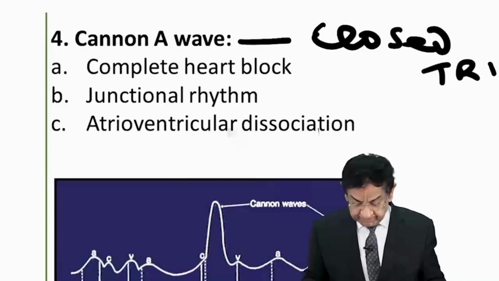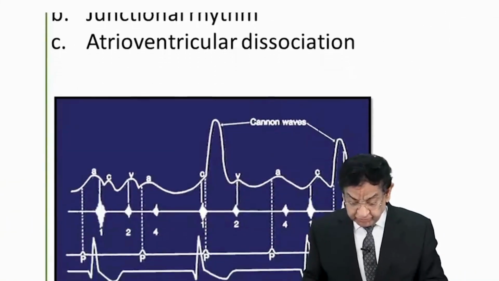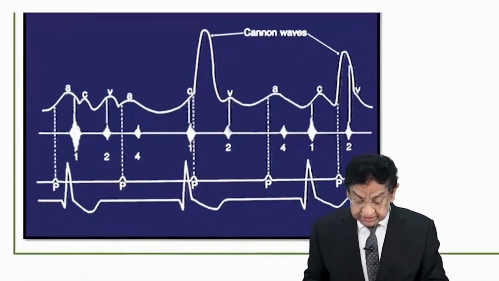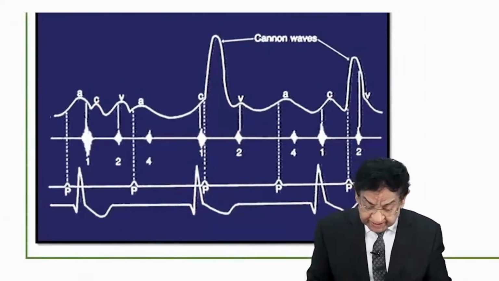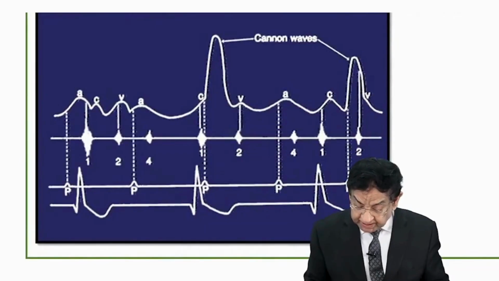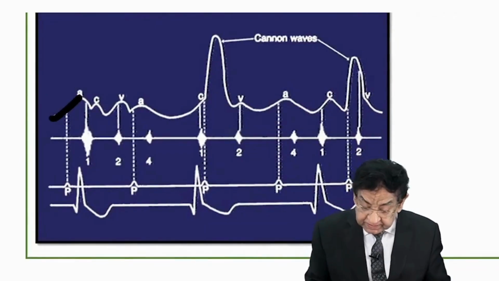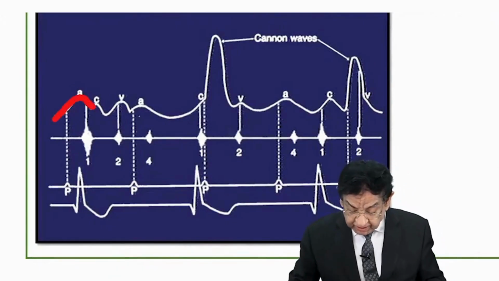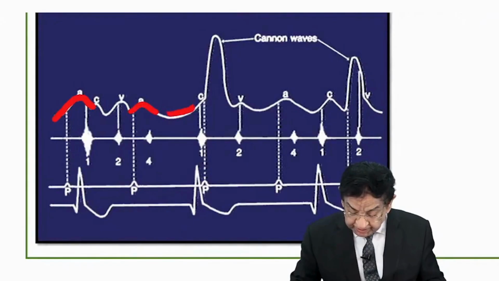And now you can imagine, I can give you a comparative chart. This is the normal A wave we get, normal A wave like this. But here we are getting something like this.